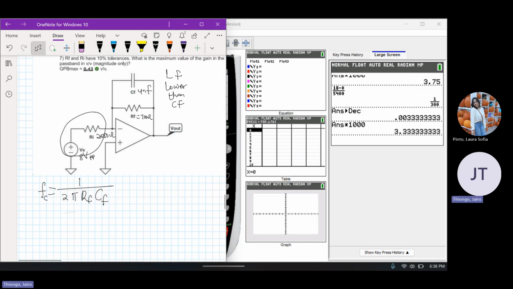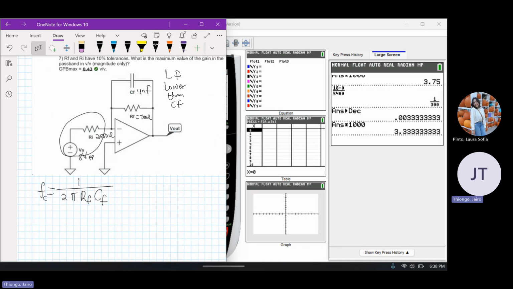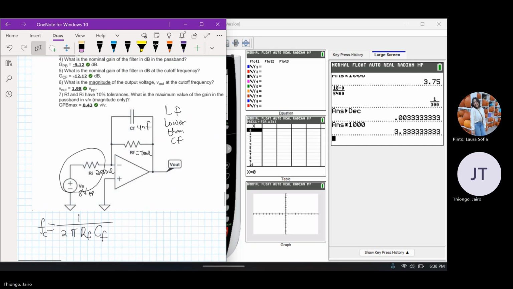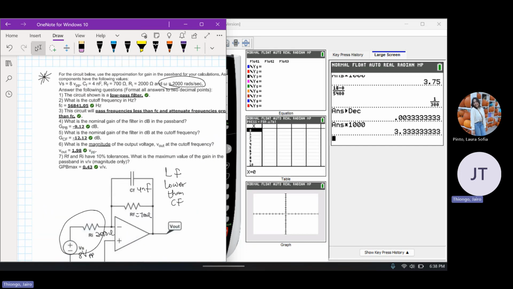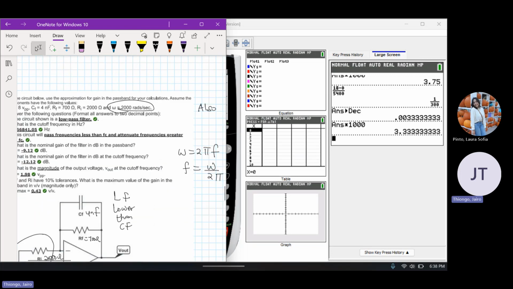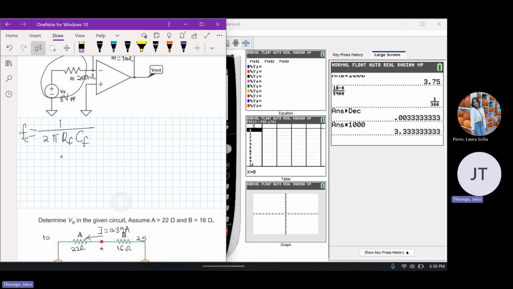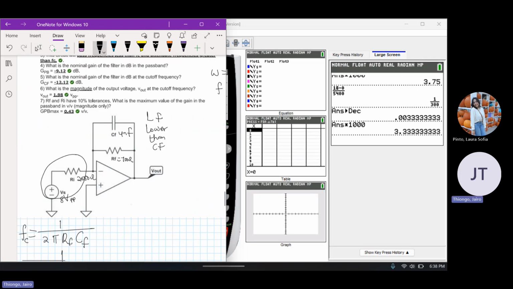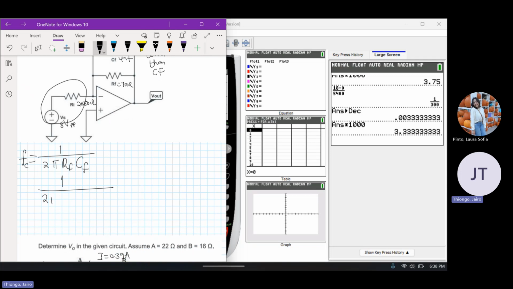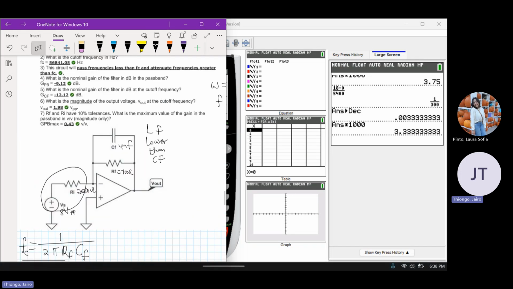We actually do not have to use it at the moment in this problem. We'll use it later to calculate another frequency. So, 1/2 pi times RF, which you've been given.